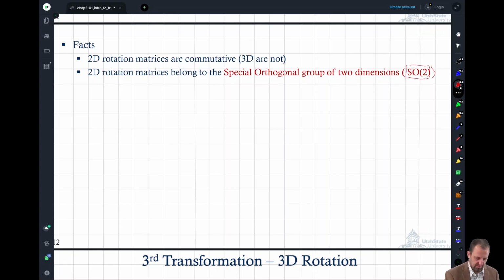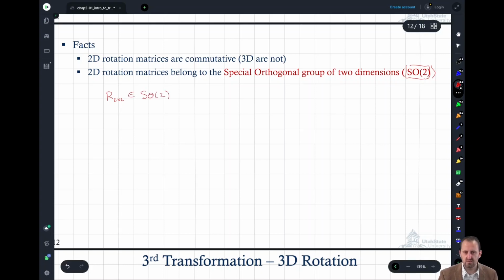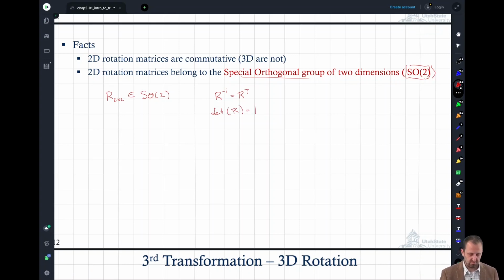So our 2 by 2 rotation matrix is in the set SO(2). We're not going to go into any detail, except that it's a set of matrices such that R inverse is equal to R transpose, which we've already seen, and the determinant of R is equal to 1. So that's our special orthogonal group.